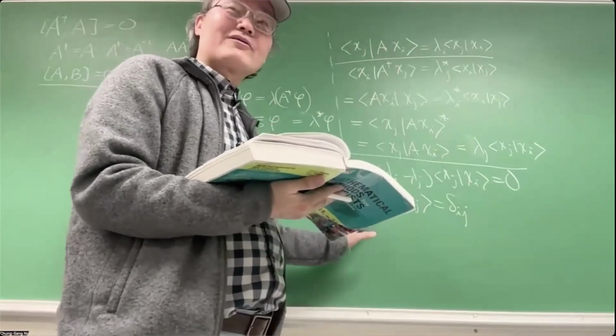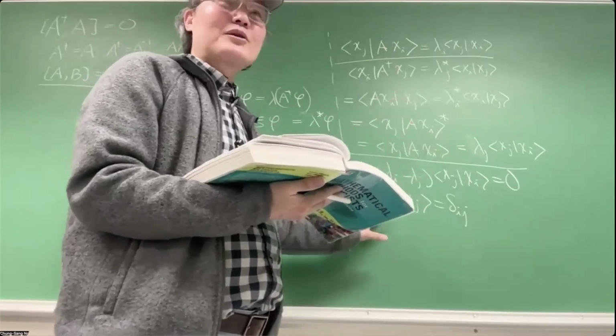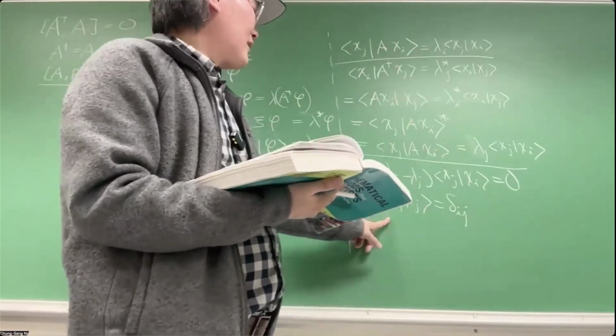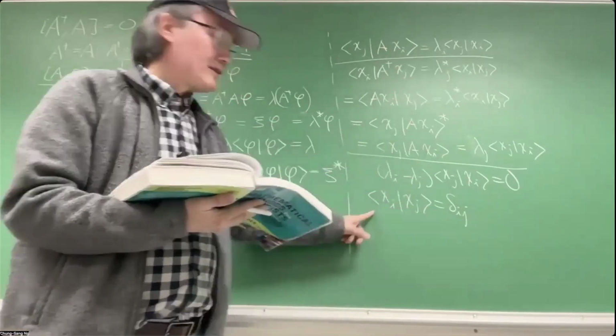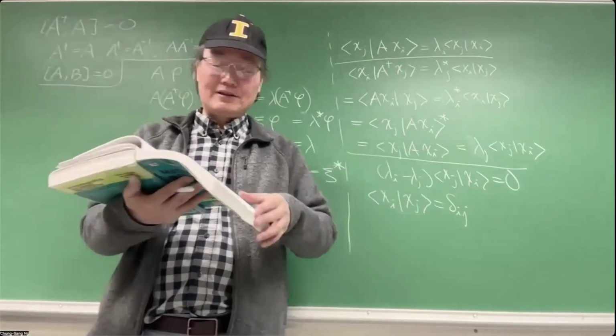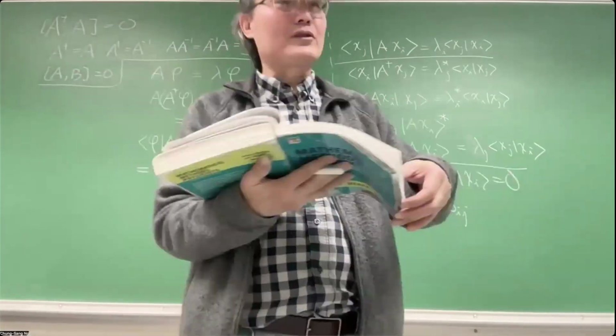diagonalize both matrices, and we can do the same thing just like the Hermitian operator and come up with the form.